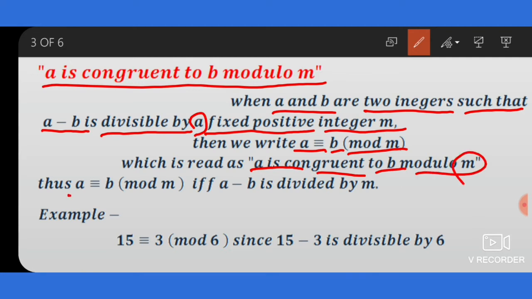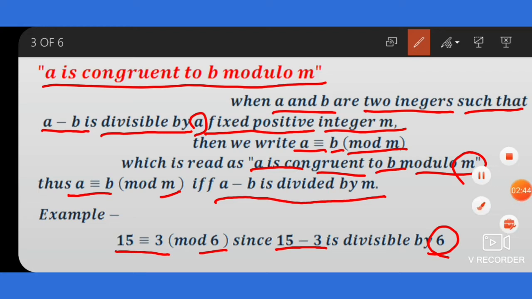Thus, a is congruent to b modulo m if a minus b is divisible by m. For example, 15 is congruent to 3 modulo 6, since 15 minus 3 is divisible by 6.